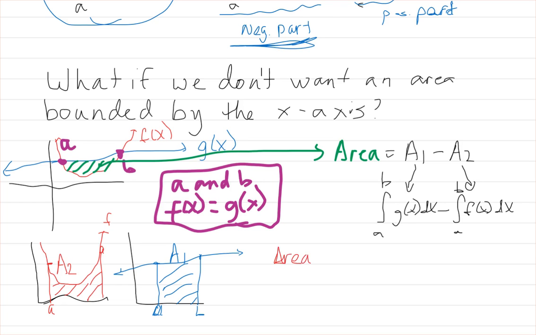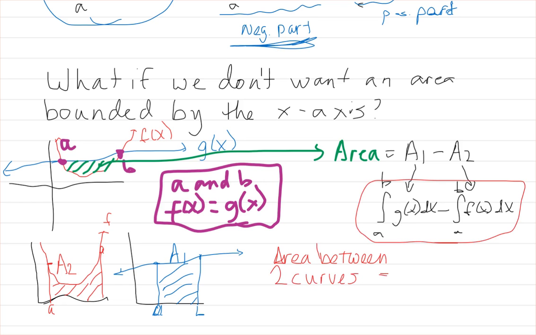Area between two curves is equal to, and I'm going to take this equation here that I'm going to circle in red and rewrite it as the integral from A to B of g of x minus f of x dx.